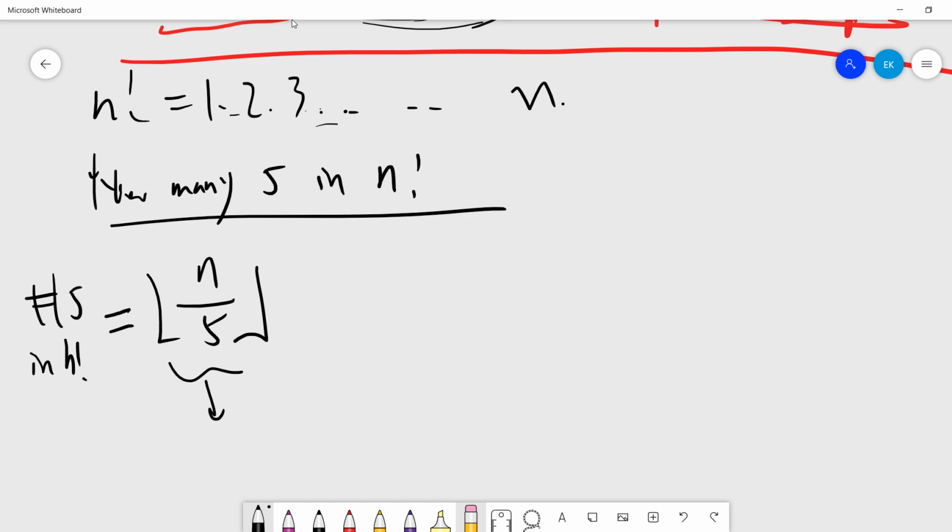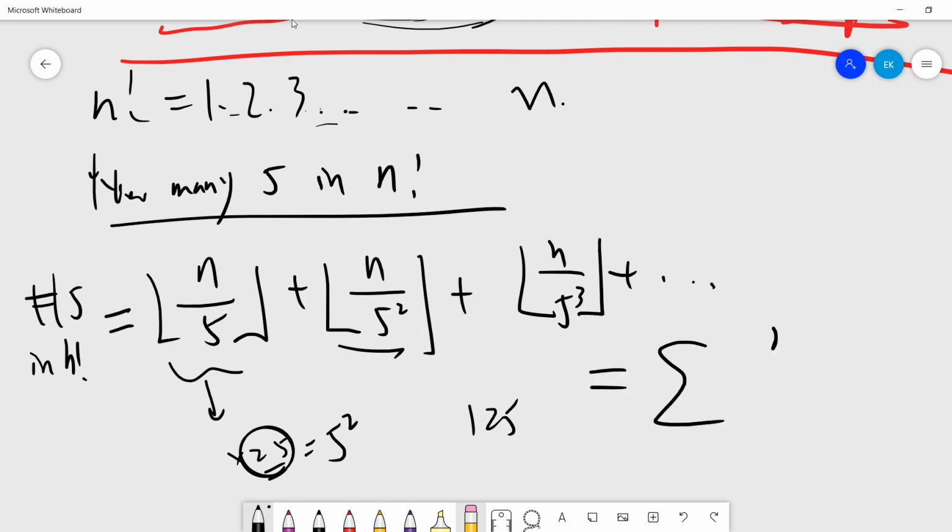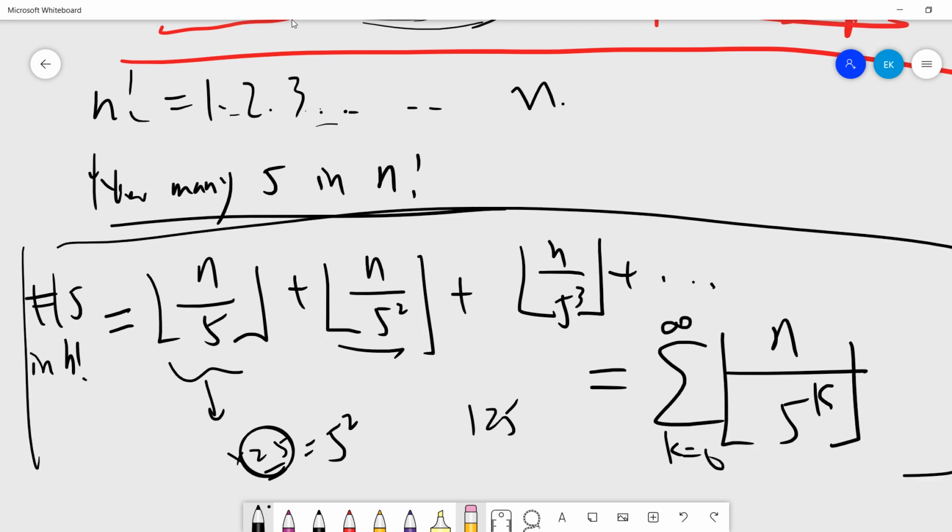But there will be another case. Suppose you get 25, then 25 contains 5 squared. So each 25 will give you one more, right? For a similar reason, 125 will give you another. Keep going. So actually you can write it as the sum of floor of n divided by 5 to the k, for k from 0 to infinity. Right, this is the answer.